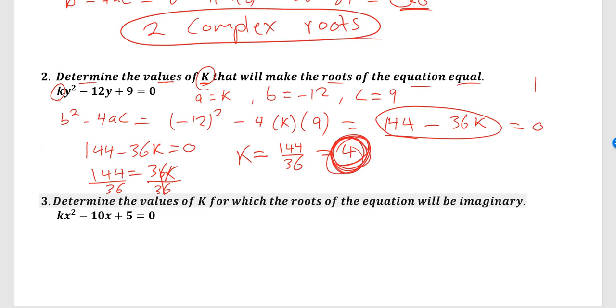Okay, let's look at the next exercise. So determine the values of K for which the roots of the equation will be imaginary. And remember from the conditions that we discussed for the discriminant that we get imaginary roots if the discriminant is less than 0.